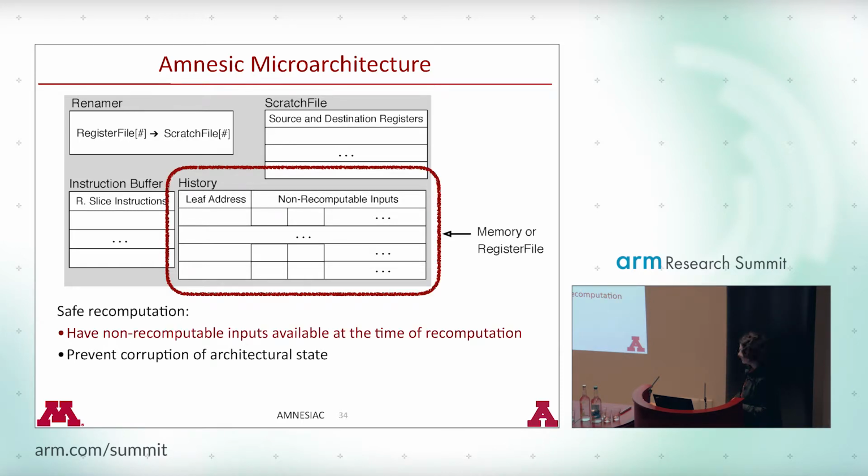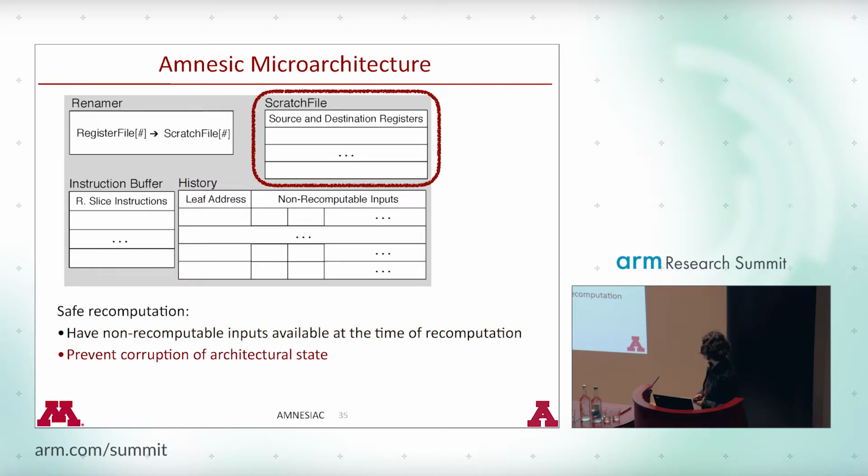The first one is the history buffer, where the non-recomputable inputs, such as constants or program inputs corresponding to leaf instructions, go tagged with the leaf address into the history buffer. The next one is the scratch file. Communication during recomputation along the recomputation slice is established over the scratch file.